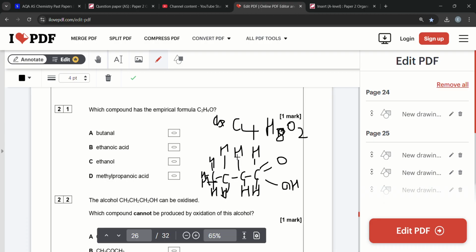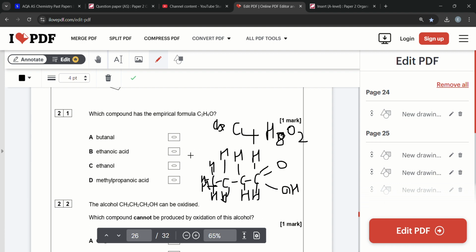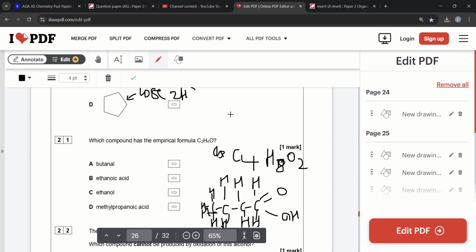Propanoic acid. Yeah, because if you think about it, we always have the R group, C double bond... if we have a carboxylic acid, and I definitely need to practice drawing compounds and molecules, that's for sure.